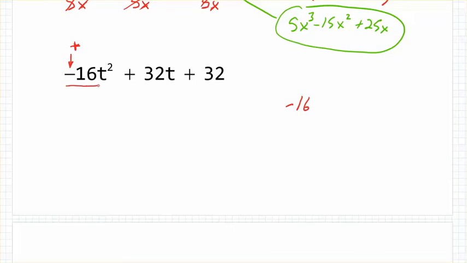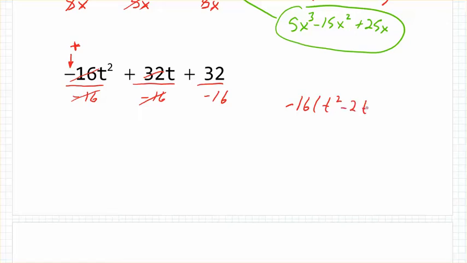So what we're going to do is divide everything by minus 16. Now as you do these more often, you might feel more comfortable, and you may not need to actually write these out. So the minus 16 cancels out, so we're just left with t squared. The 32 divided by minus 16 gives you a minus 2t.